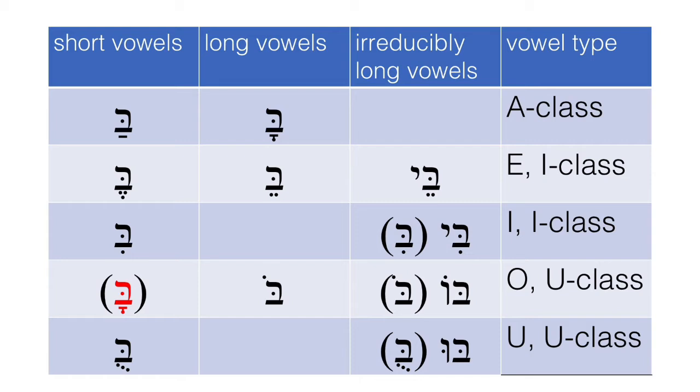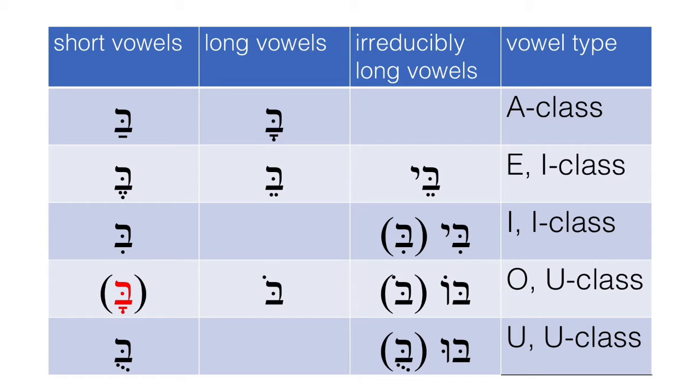It's important to remember that vowels are within a certain class because there's cases where a vowel might reduce or lengthen, and in those cases, the vowel will change only within its own class.